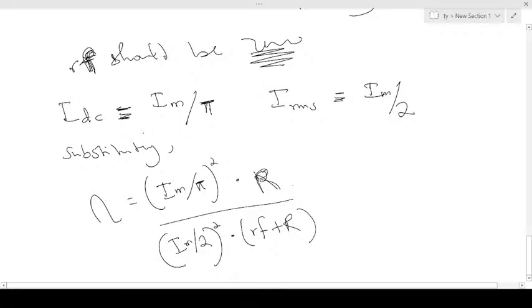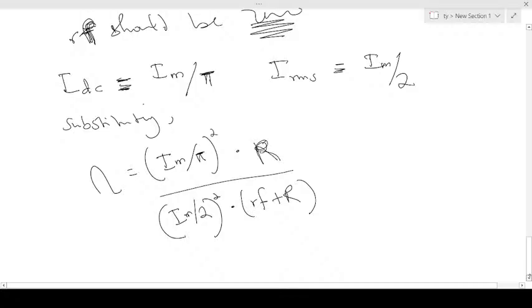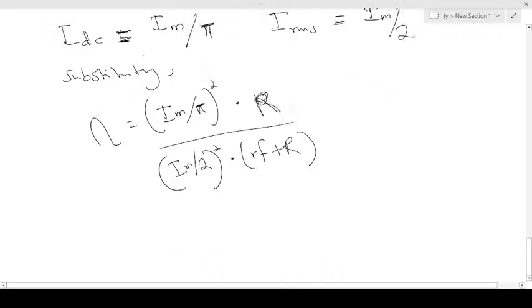Now if you were to solve this, you end up finding out that the efficiency is equal to 0.405 over 1 plus RF, our forward resistance, over our load resistance.